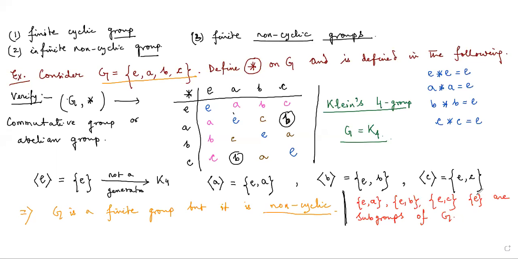The singleton set is always a subgroup, the trivial subgroup. We can write it as small e is the trivial subgroup, but the other 3 subgroups EA, EB, and EC are non-trivial subgroups.